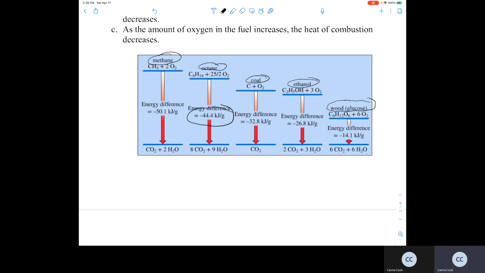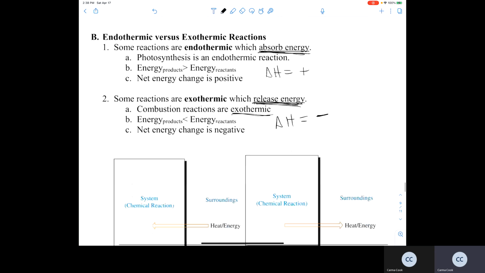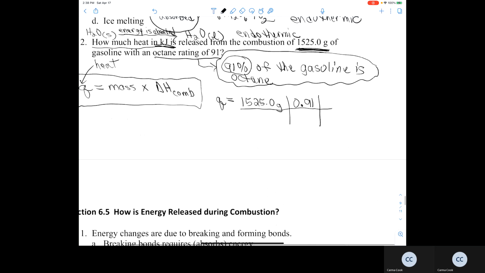The delta H of combustion for octane is negative 44.4 kilojoules per gram. The grams cancel.